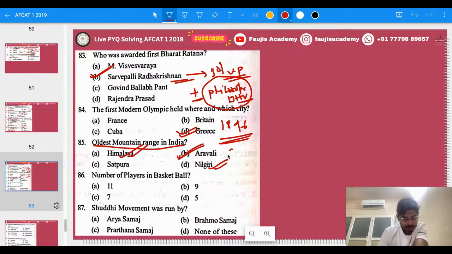The other day we were talking about Gondwana land. Because of this Gondwana land, that's why it has formed. Aravali is over here, somewhere in the Rajasthan region. The Aravali ranges are in the Rajasthan region.